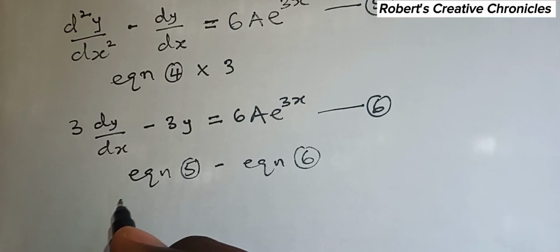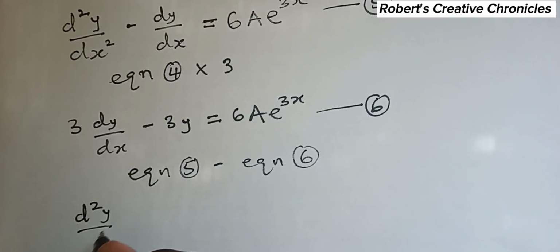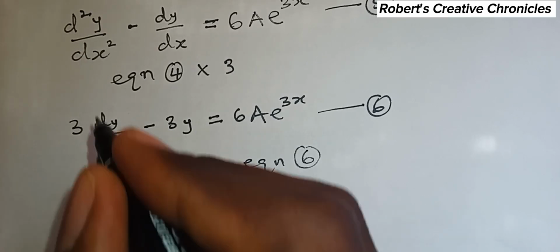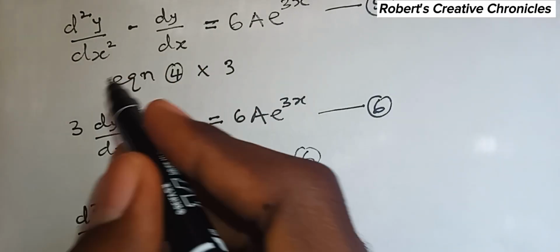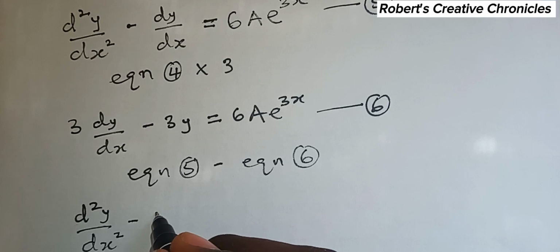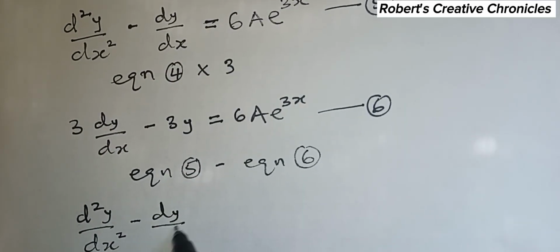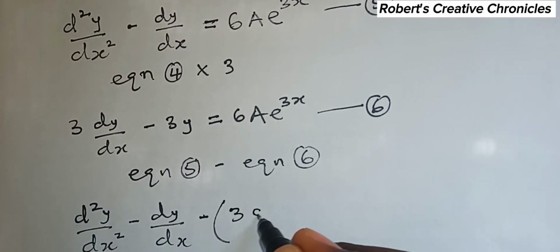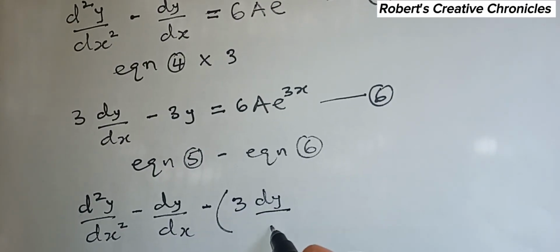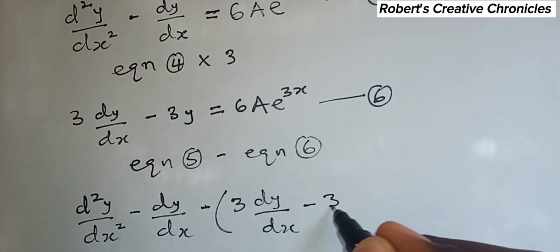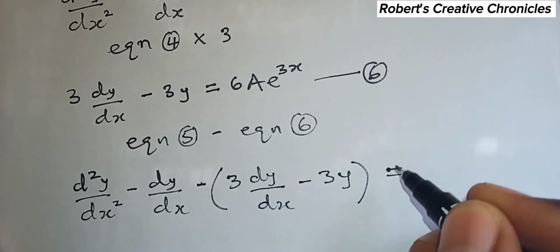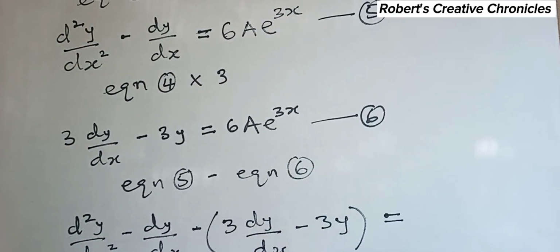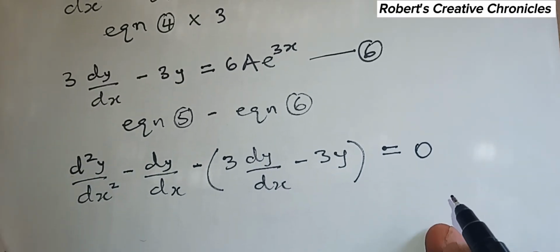We get d squared y over dx squared minus dy over dx, minus 3 dy over dx minus 3y, equals, you see this minus this is 0, so equals 0.